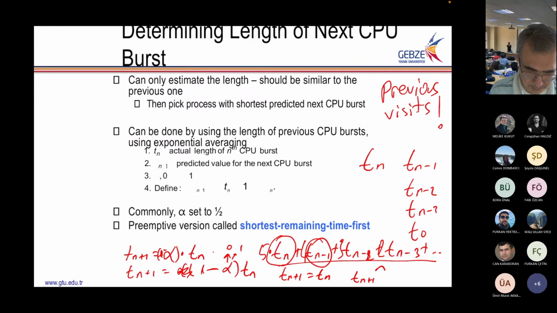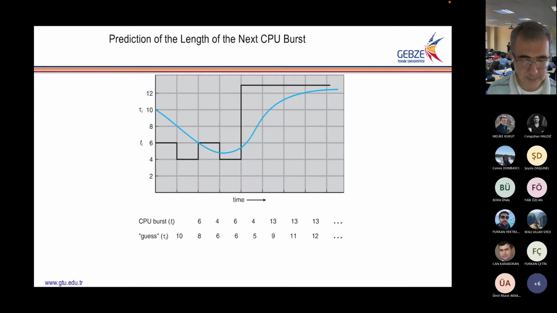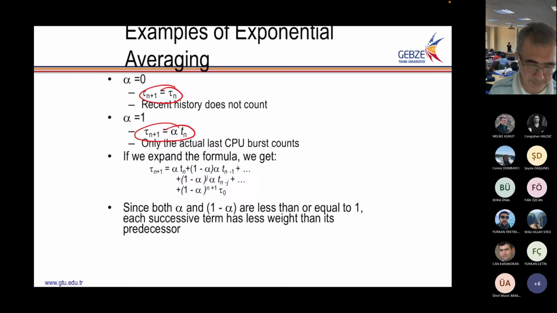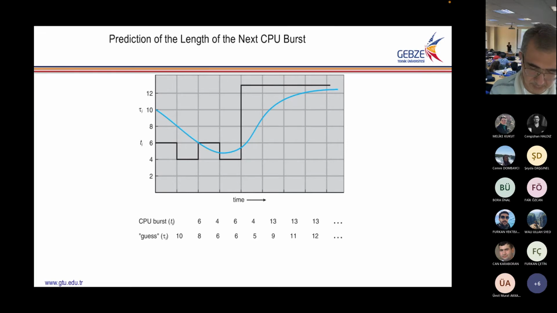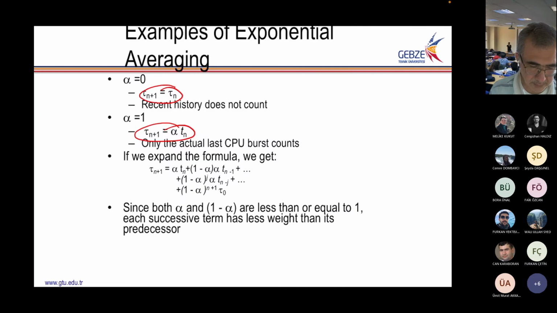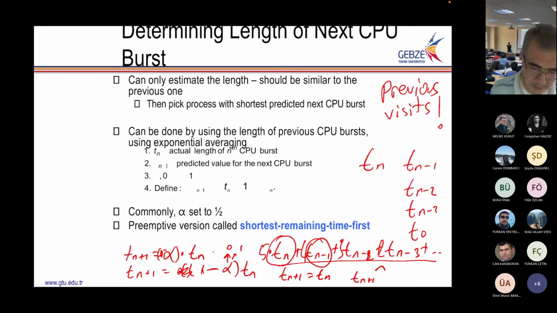There is tau n. That's tau n. That was my mistake.